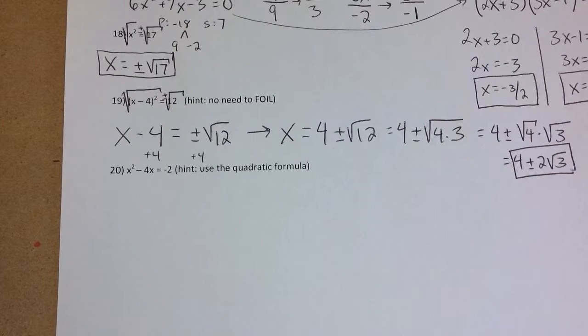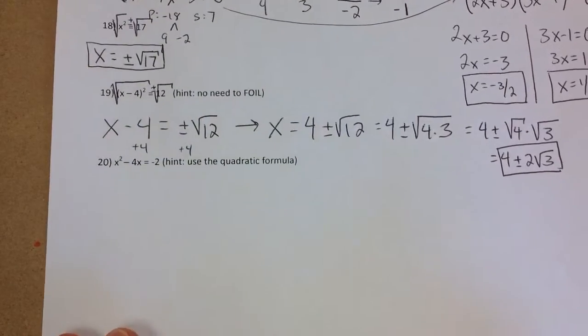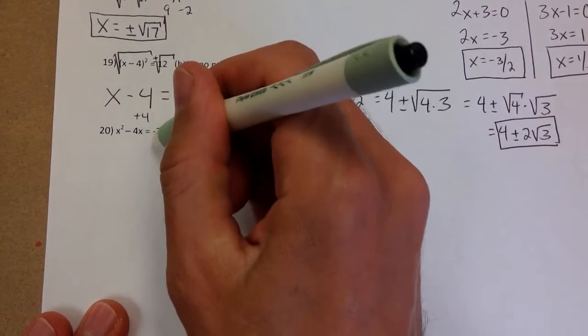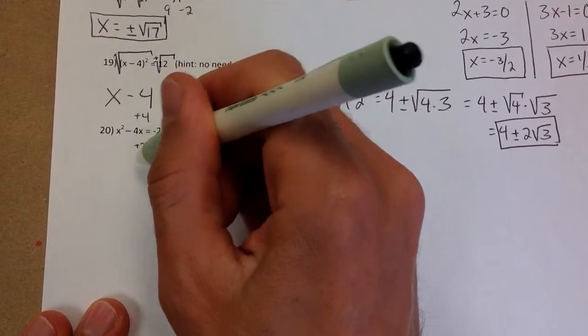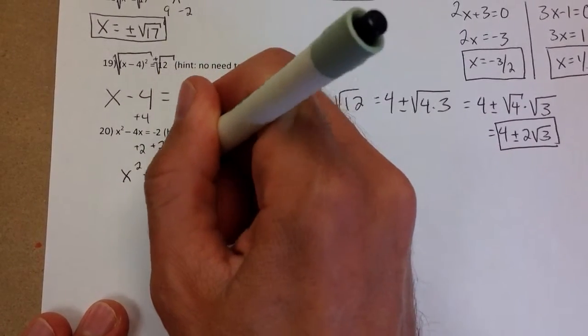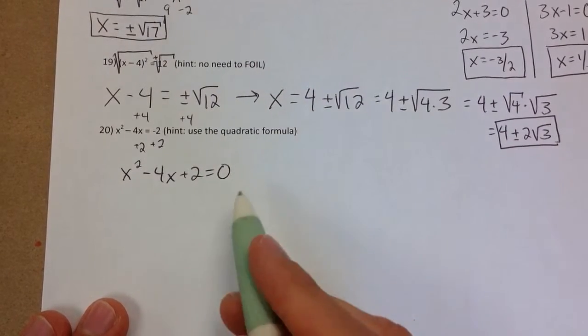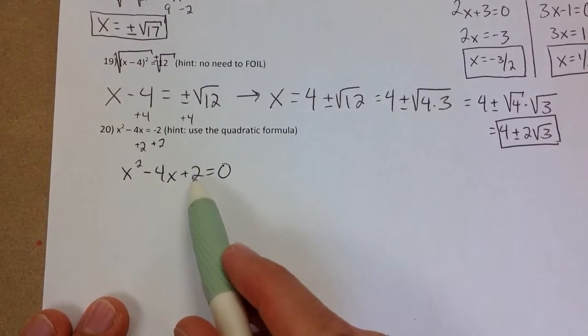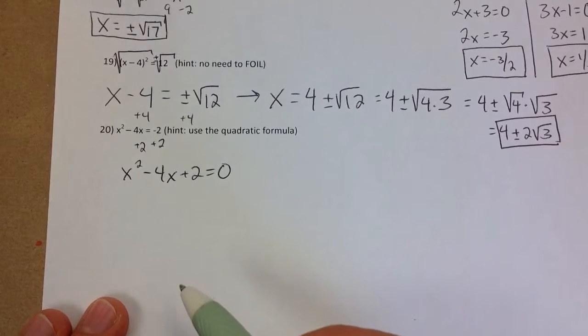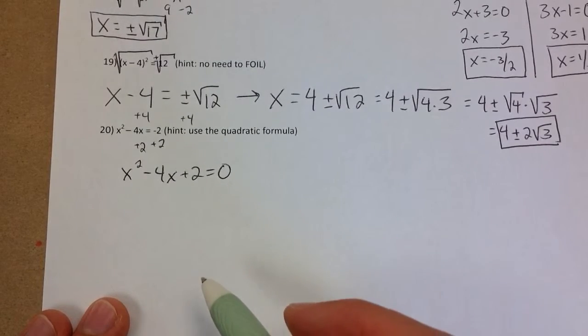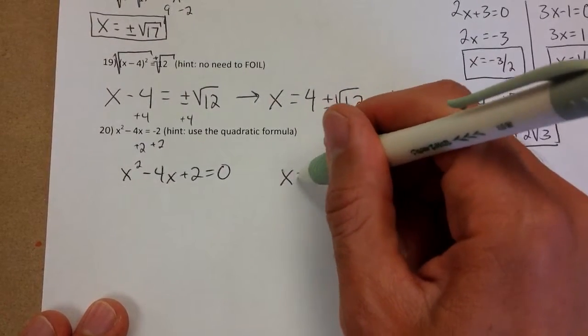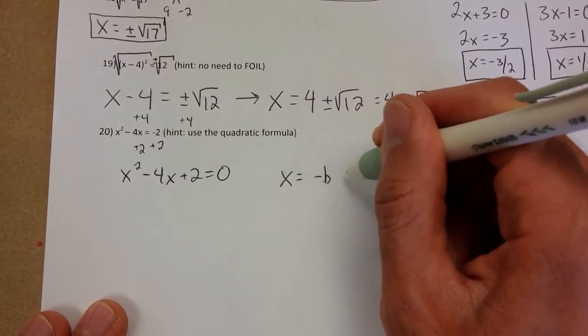Number 20. I give you a hint. Use the quadratic formula. That means that we need to set this equal to 0. So I add 2. This cannot be factored. There are no two numbers that multiply to be 2 and add to negative 4. The quadratic formula, I would commit it to memory. It's not too bad.